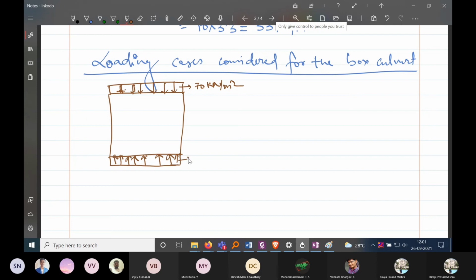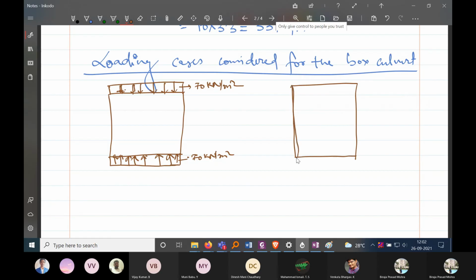So that we can write as 70 kilonewton per meter square. Now the next one is the weight of the vertical side wall. What is the weight of the vertical side wall we calculated?